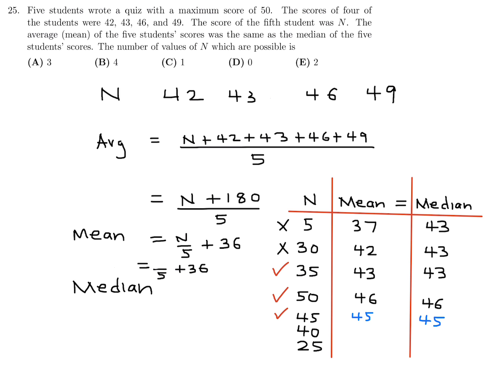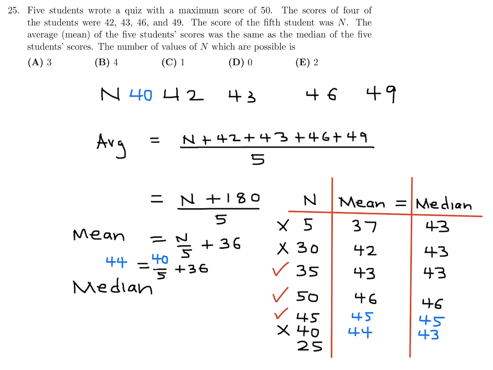So now let's try 40 for n. If n is 40, 40 divided by 5 is 8. 8 plus 36 is 44. So that means my mean is 44. If n is 40, what's my median? It'll be 43. That doesn't work. All right, I think that should be it.